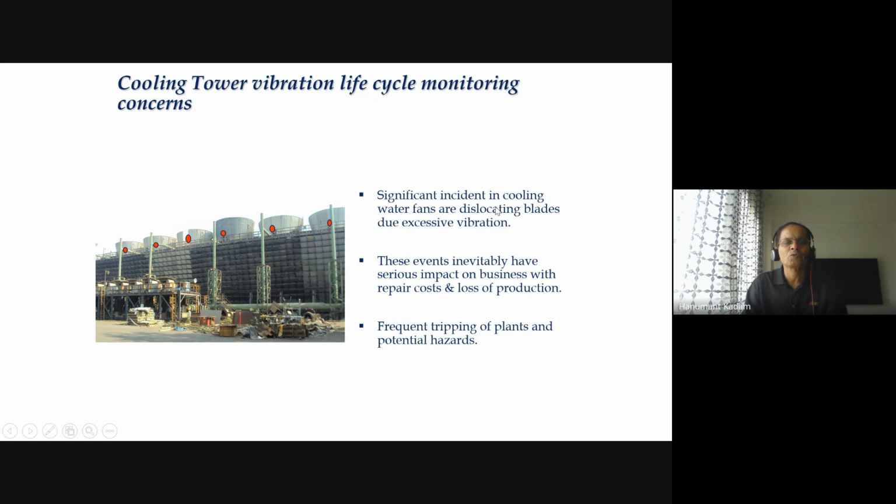So this water has to be processed, and therefore there are cooling towers. You can see here there are six cooling towers: one, two, three, four, five, and six in these pictures.